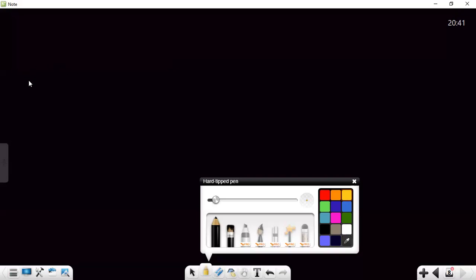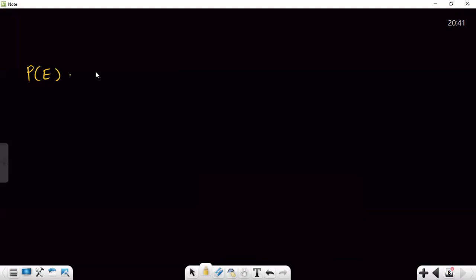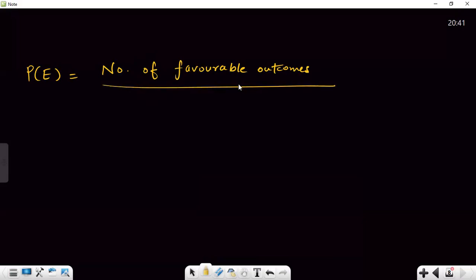So probability of any event is the number of favorable outcomes to the total number of all possible outcomes.